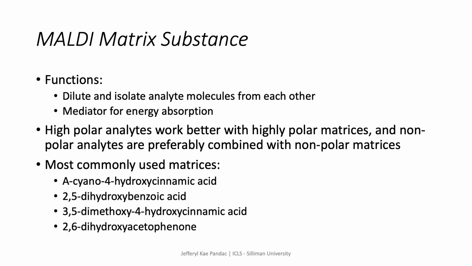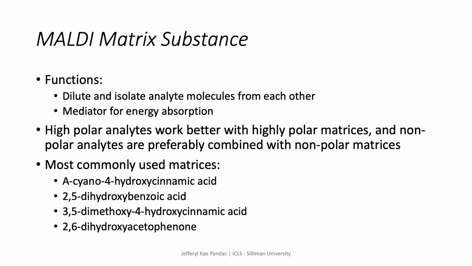It is believed that the first function of the matrix essentially is to dilute and isolate the analyte molecules from each other. This occurs during solvent evaporation and concomitant formation of a solid solution. Then, upon laser irradiation, it functions as a mediator for energy absorption. The choice of the right matrix is key to the success in MALDI.